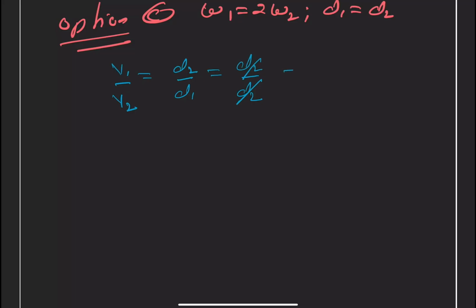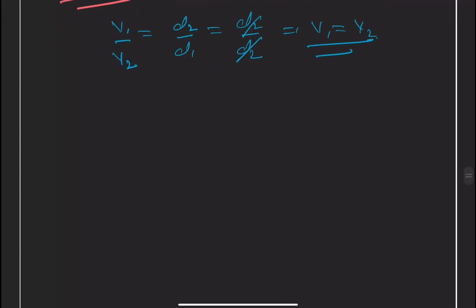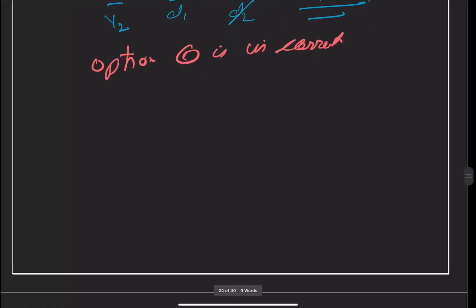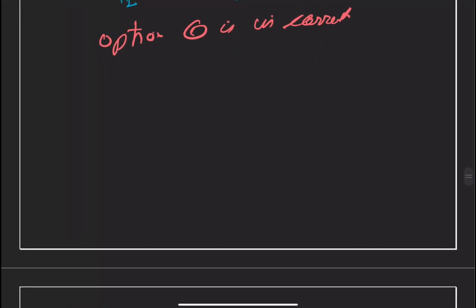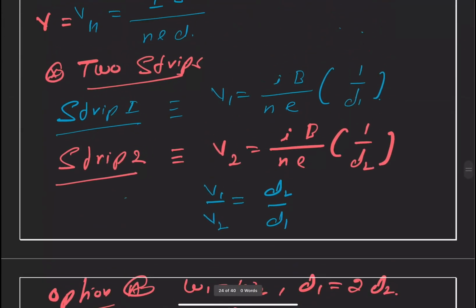These two cancel out, so this gives us that our V1 is equal to V2. So option C is incorrect. But under the same condition, we have the answer in option D. So we can say option D is correct.